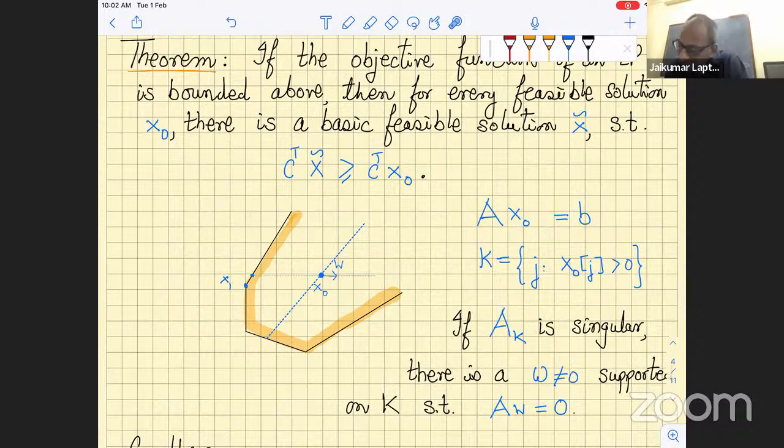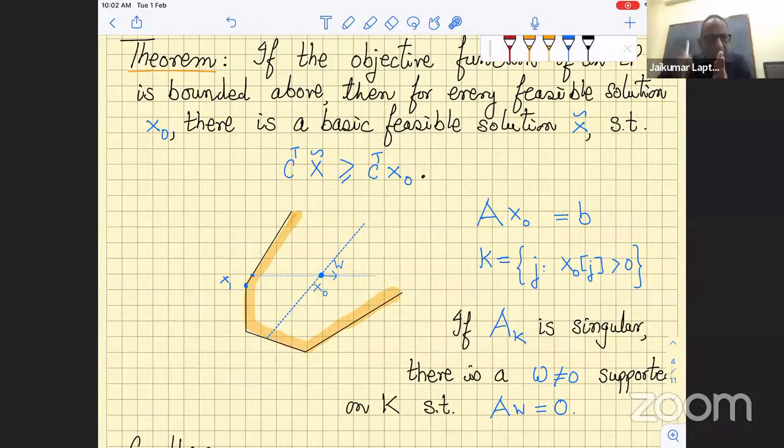Okay. So now let us see how we are going to prove this. Somebody has given us a solution x0, whether it's optimum or not, we don't need. Now we ask which are the positions where this solution has positive values.